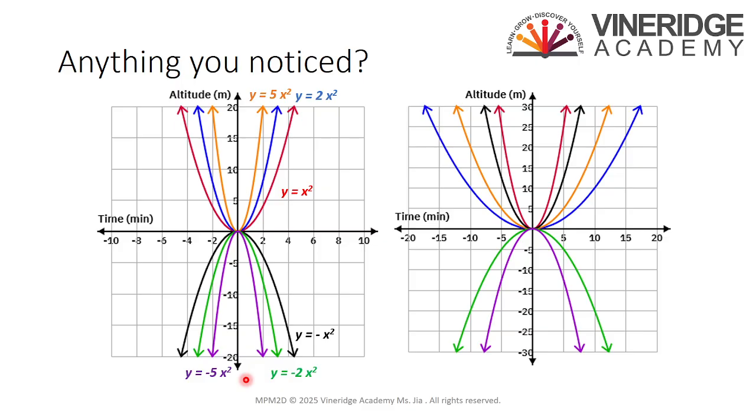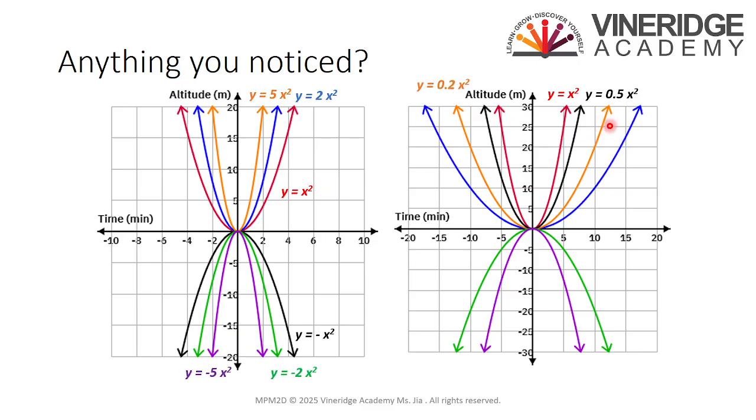Similarly, we draw when a is greater than 0 but smaller than 1. For example, when a is 0.5, it's opening a little bit larger than y equals x squared, right?